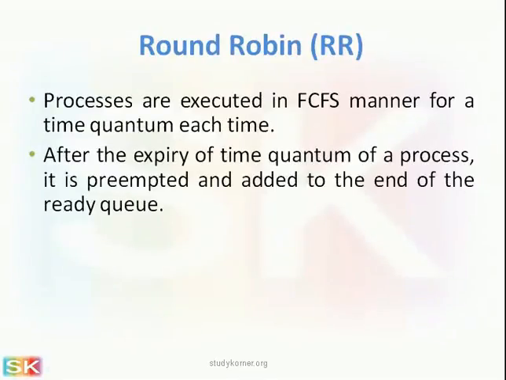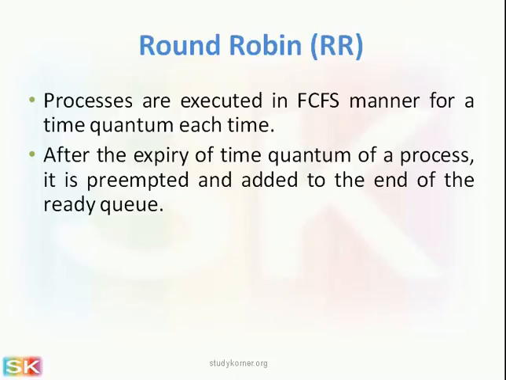Next one is round robin. So processes are executed in FCFS manner for a time quantum each time. We arrange all the processes in FCFS manner and assign a time value to each process, right? So there are three processes P1, P2, P3, and we say that the time quantum value is 2 and their arrival order is P1, then P2 and then P3.